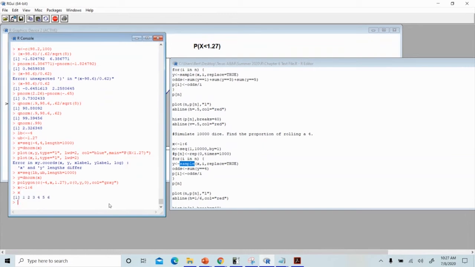Okay. Then what I want to do is create a sequence of numbers from 1 to 1,000. And this is a little bit on the advanced side, so you're not expected to know this, okay? But if you want to kind of play around with it, it's here. What I'm doing here is I'm trying to take samples from 1 to 1,000 by 1.